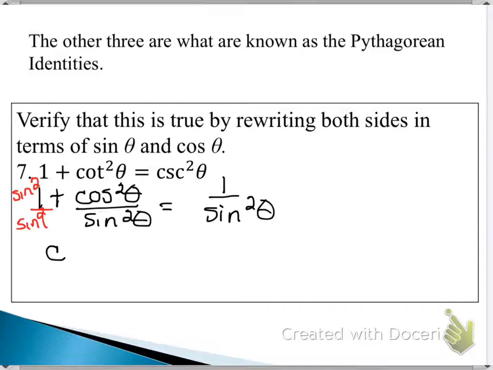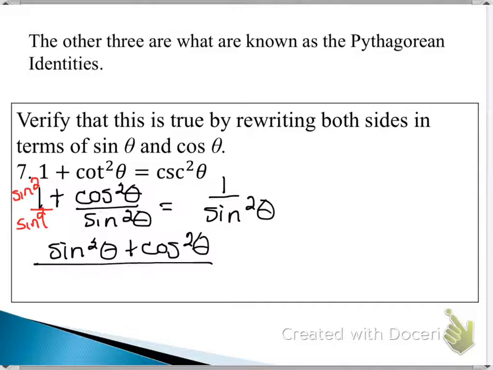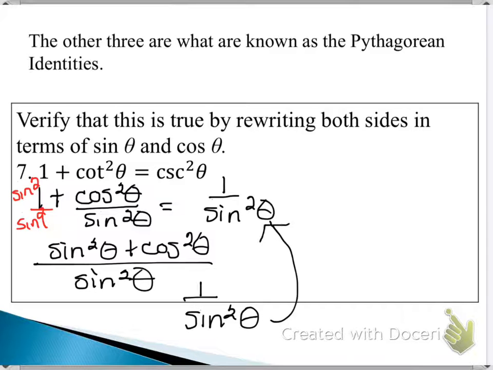Then we would have sine squared theta plus cosine squared theta all over sine squared theta. And in turn, sine squared theta plus cosine squared theta, that's the original identity, so it's going to be 1 over sine squared theta, which is verified right here.